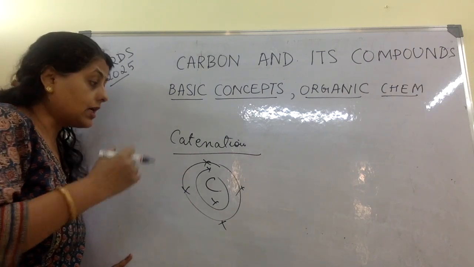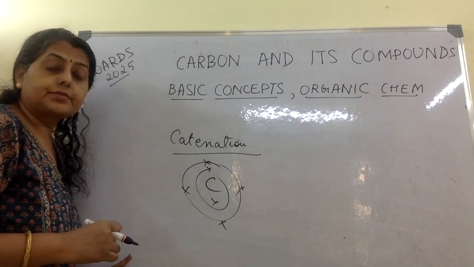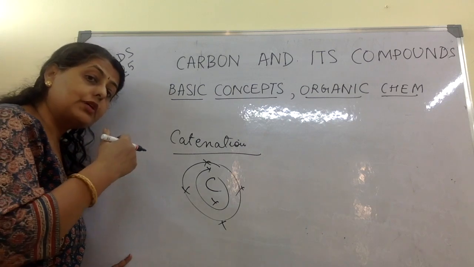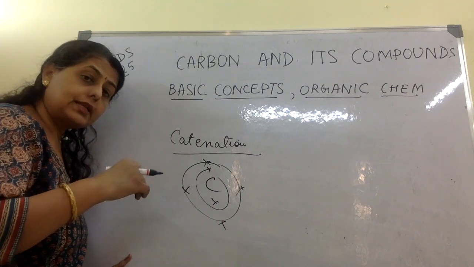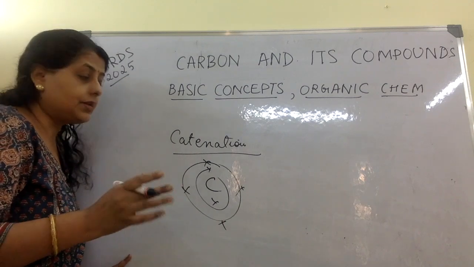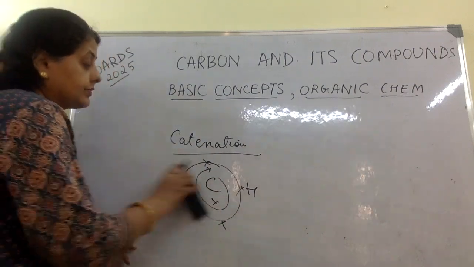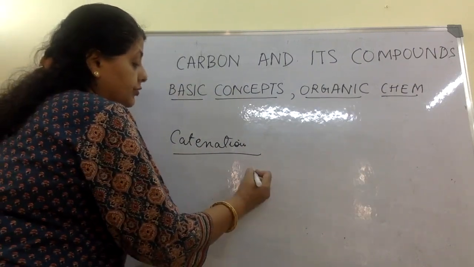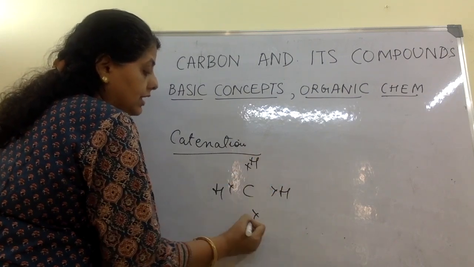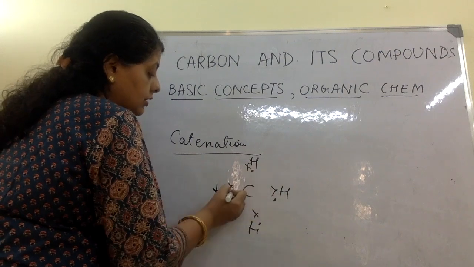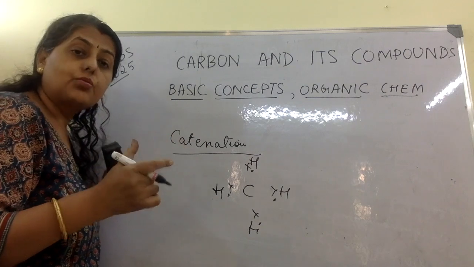Another thing is, if carbon is going for covalent bonding, why can it go for catenation? These 4 electrons can go for double covalent, single covalent, anything. Supposing they are bonding with hydrogen, here carbon can actually go for catenation because it is a small atom.